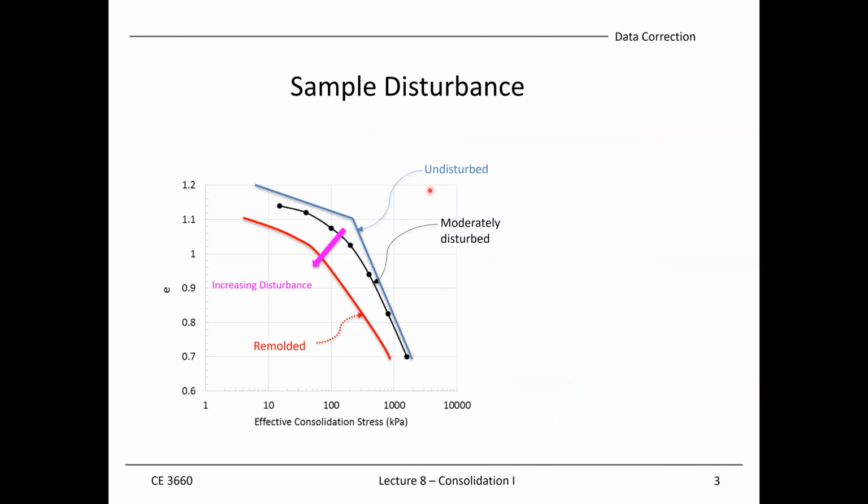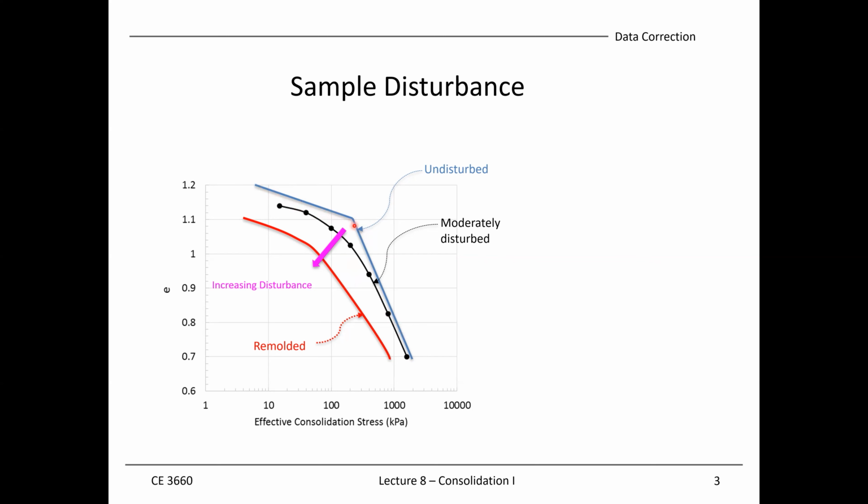The main reason behind it is that we want to correct for sample disturbance. Again, if we performed our consolidation or oedometer test right in the field without any disturbance, we should get a perfectly bilinear behavior on this e-log P curve.